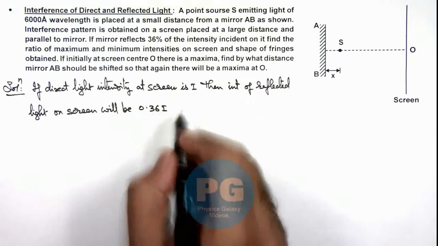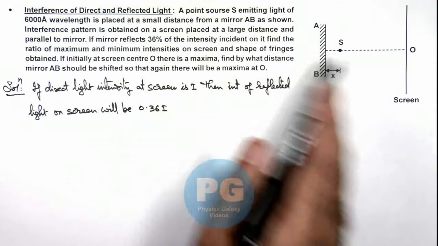So it will be 36% of the intensity of direct light.